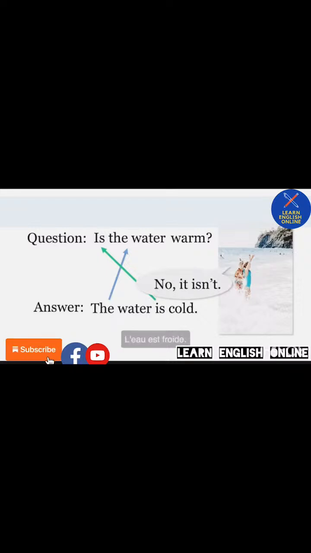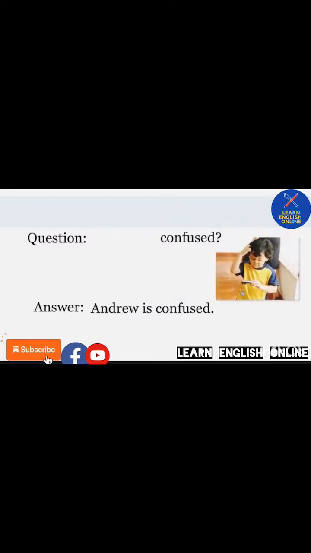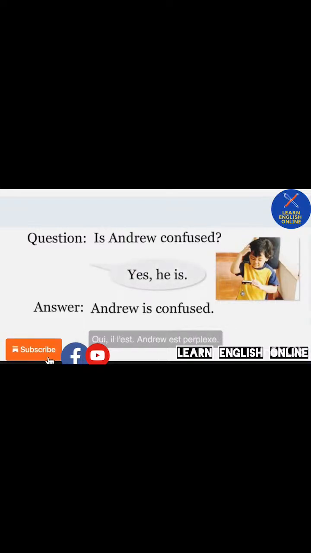The water is cold. Okay, what's the question here? The answer is Andrew is confused. The question is, is Andrew confused? Yes, he is. Andrew is confused.